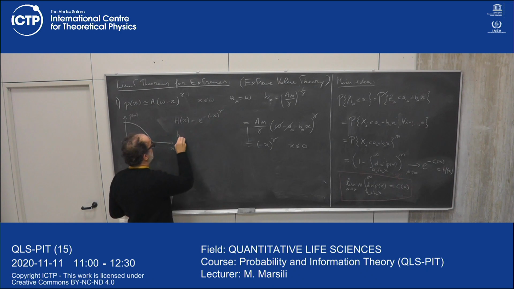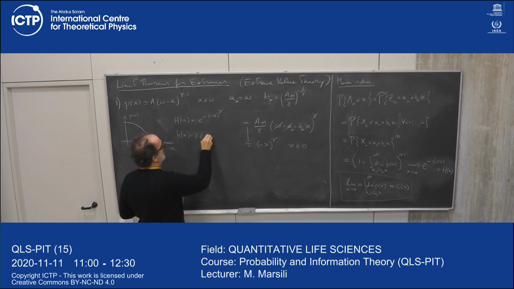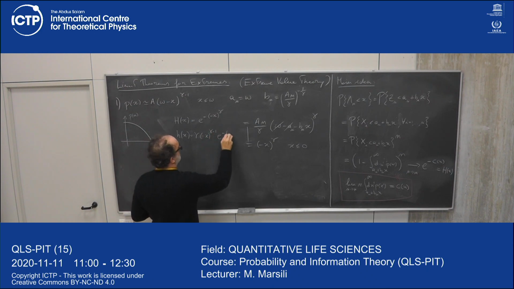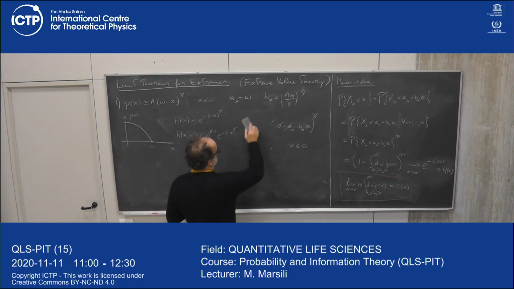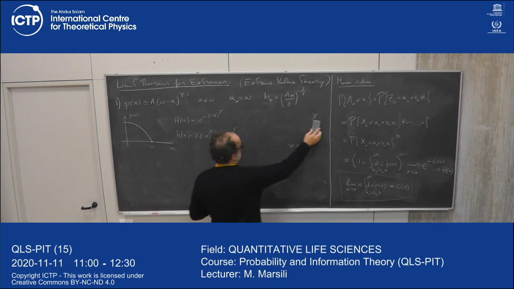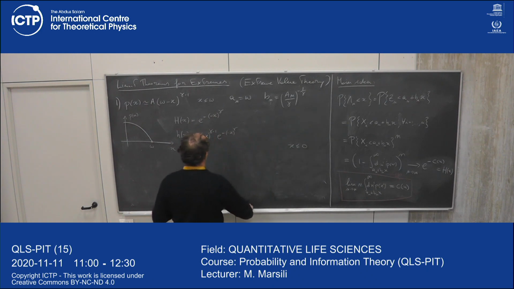Okay, and the PDF, which is the derivative of this, is gamma times minus x to the gamma minus 1 e to the minus minus x to the gamma, again for x which is negative. Okay?